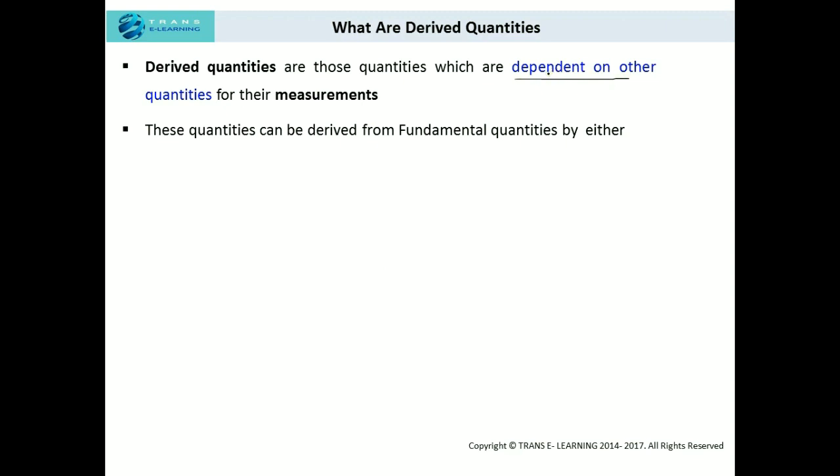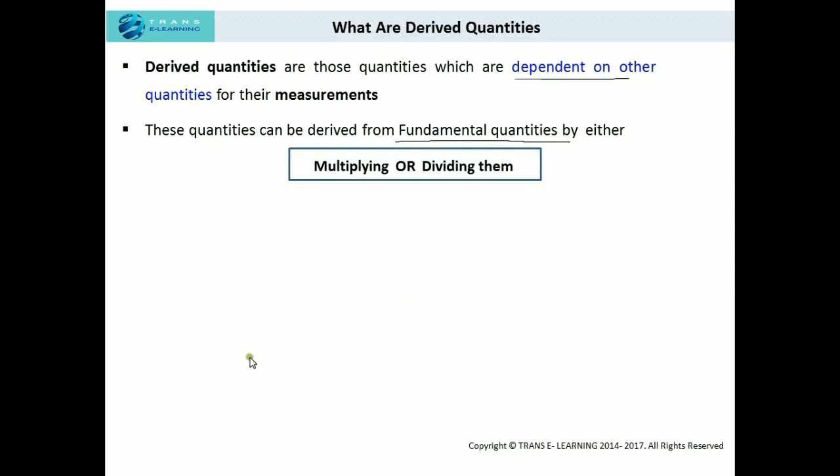These quantities can be derived from fundamental quantities by either multiplying or dividing them. What I'm trying to say here is that these derived quantities are nothing but the result of some systematic equations resulting from either multiplying or dividing these fundamental quantities.